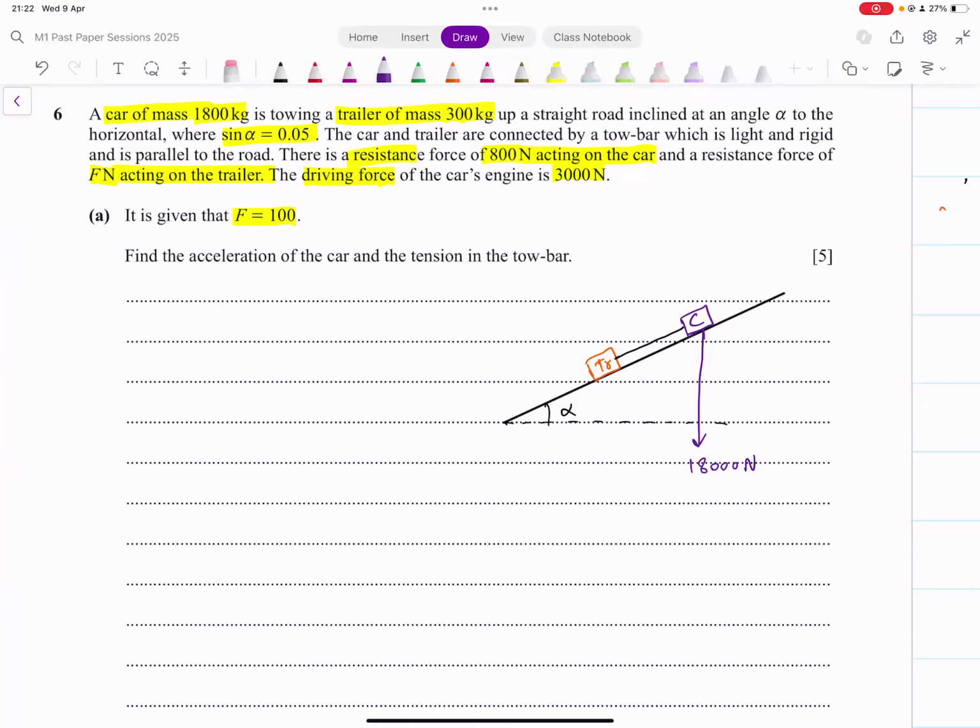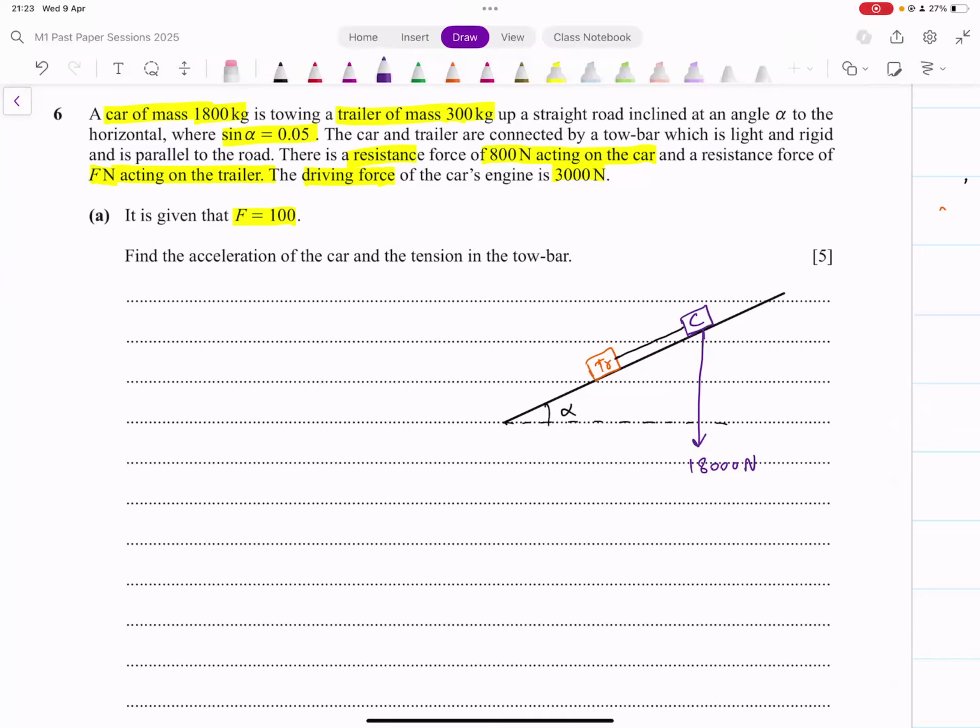Now you see, we're not talking about friction anywhere. We're talking about resistance. So we don't really need to use normal reactions anywhere, right? There is going to be normal reaction on the car and on the trailer as well, but we don't need to use them in our calculations. So we can ignore them, and that's okay, because we don't have friction involved here.